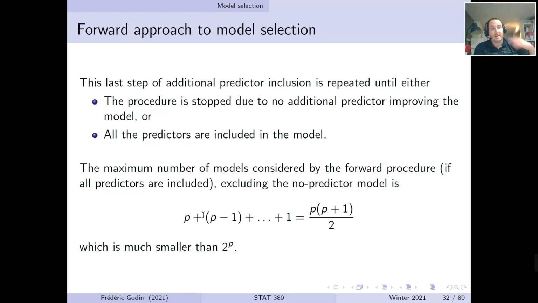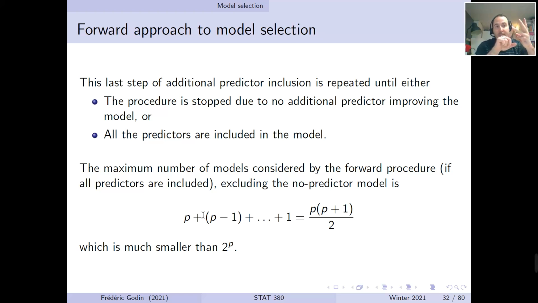And then we continue like this. Once we have two parameters, we try to include a third one and look at whether it improves the performance with respect to the two parameter model. If it doesn't, then you stop and say that the best is the two parameter model.